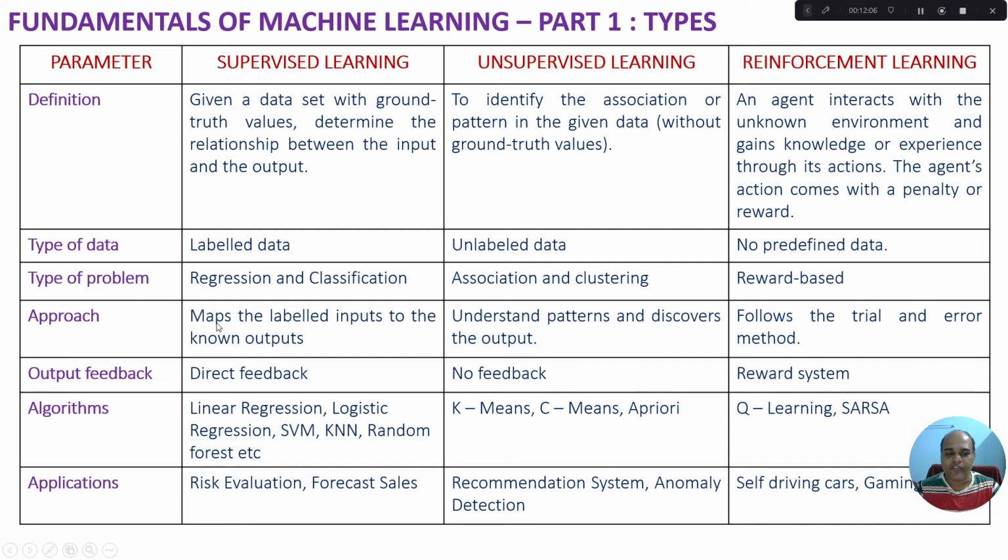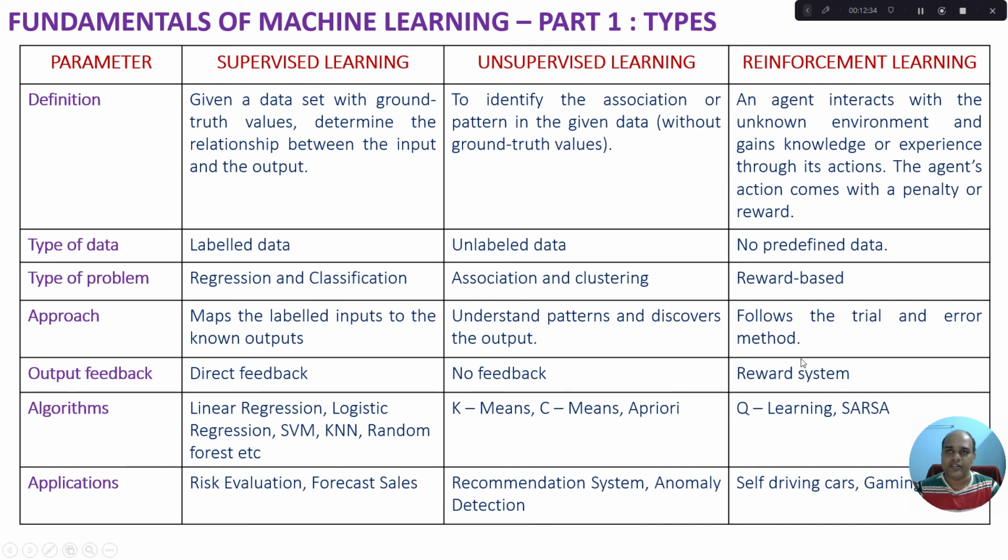The type of feedback mechanism is, in supervised learning, direct feedback. Because during the training phase, if the machine makes a wrong prediction, we can directly correct it. Because the ground truth values are known, the machine can be corrected immediately. Whereas in unsupervised learning, there is no feedback mechanism because we don't know the ground truth value. Whereas in reinforcement learning, it completely depends upon the reward system.